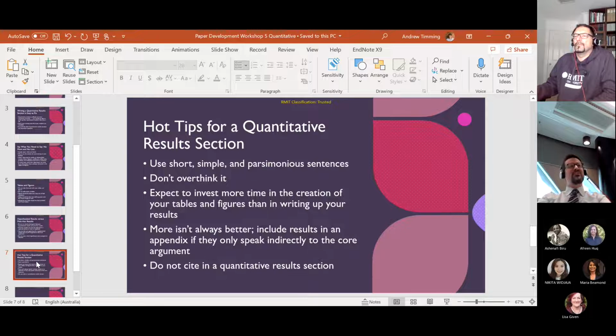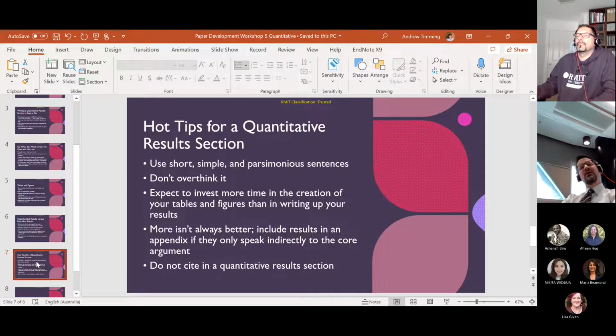I know that there's a lot of pressure to do a lot of alternative methods and alternative ways of measuring variables and different types of robustness checks. That's fine to include all those supplemental analyses, but perhaps not in the paper itself, but rather in an appendix so that people can refer to it if they need to.